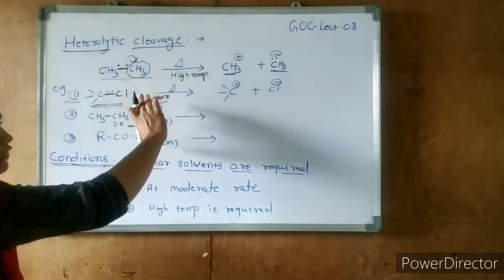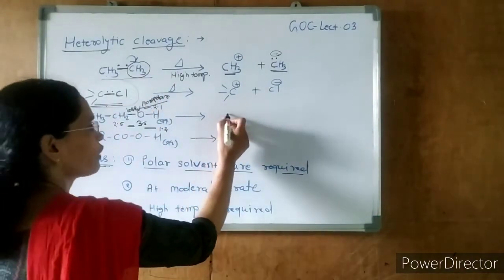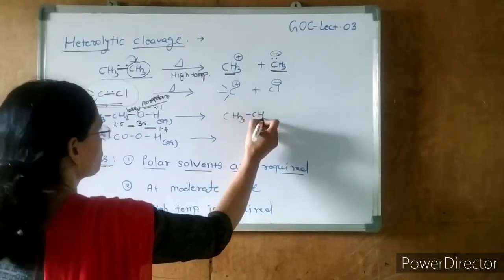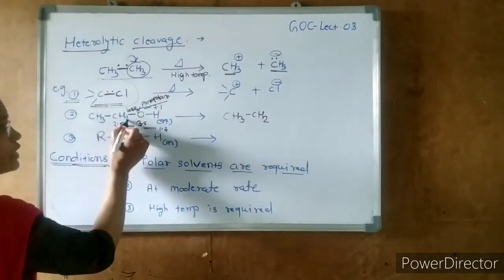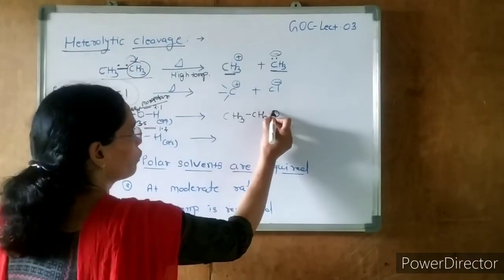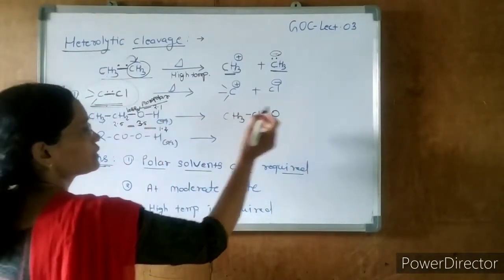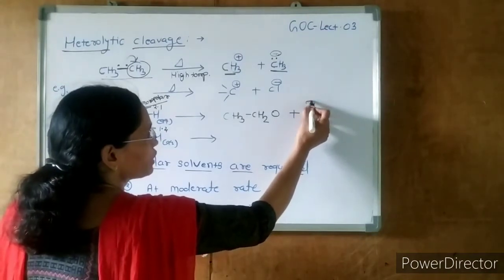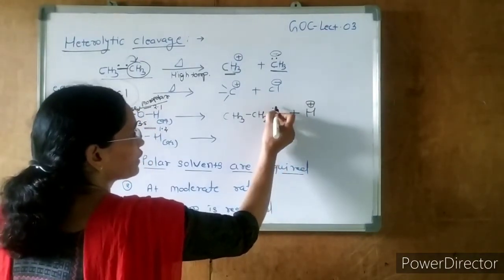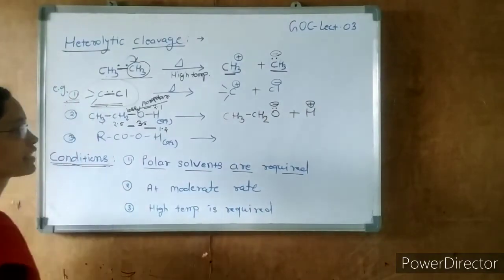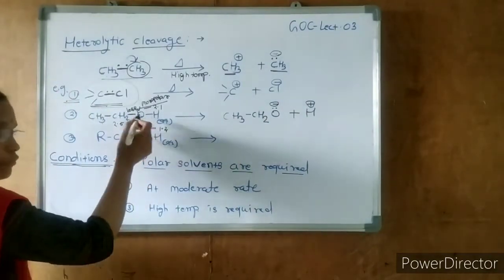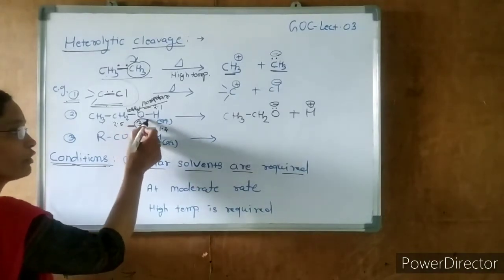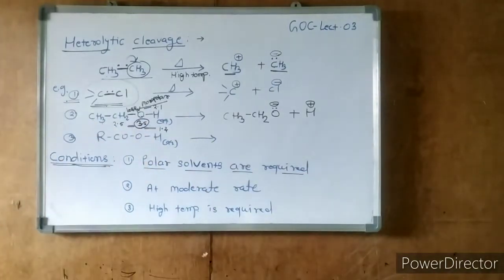So this bond will become more polar, and that's why such charged species are formed: CH3CH2O. Now this oxygen and this hydrogen: the hydrogen will get a plus charge, and the oxygen will get a minus charge. What is the reason? Oxygen is more electronegative. You know that the electronegativity of oxygen is 3.5.